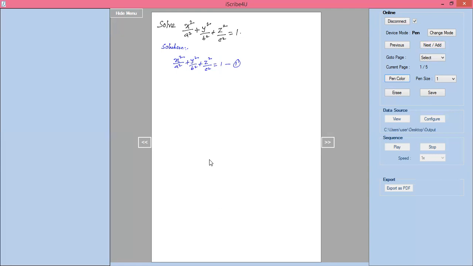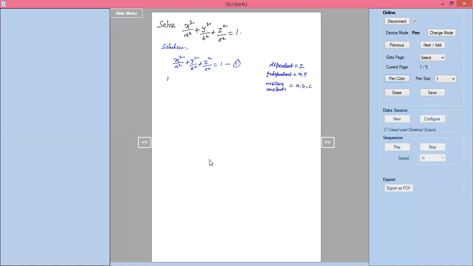Now in equation 1, the dependent variable should be z, and the independent variables are x comma y. Arbitrary constants: how many arbitrary constants are there here? a, b, c.